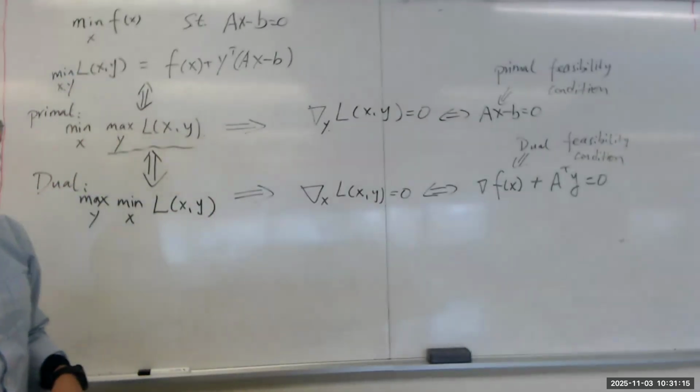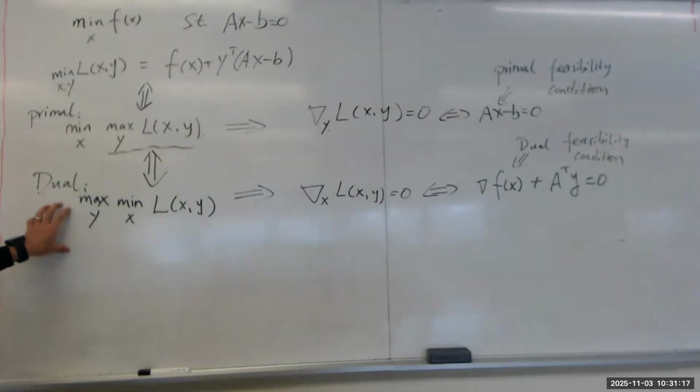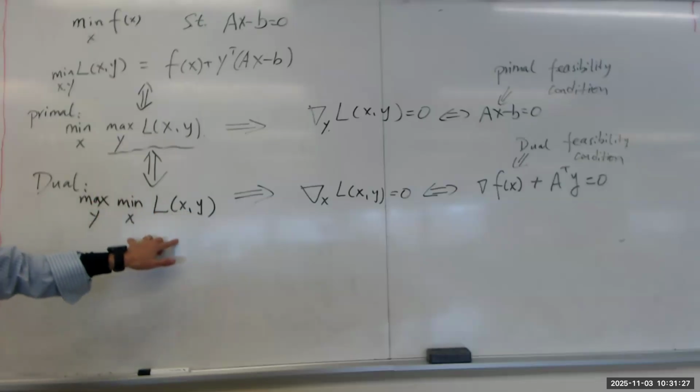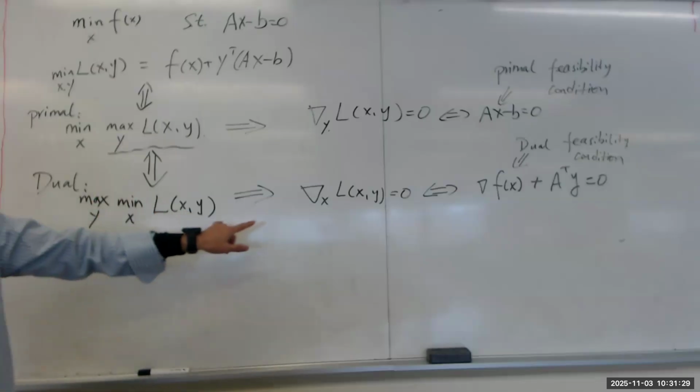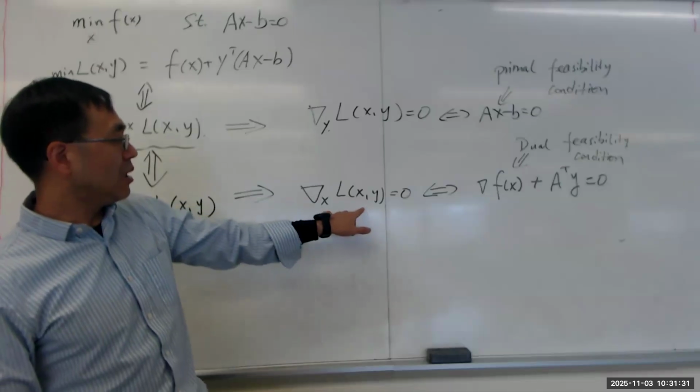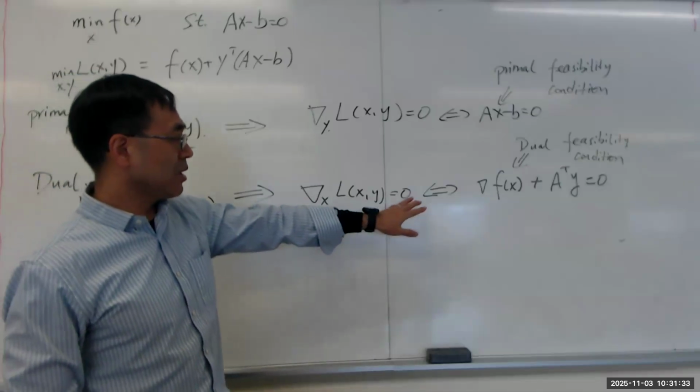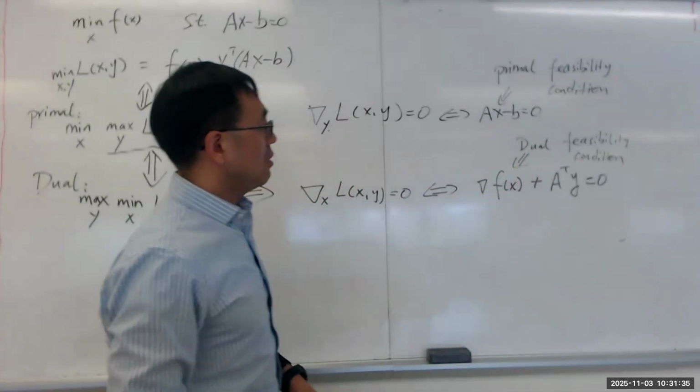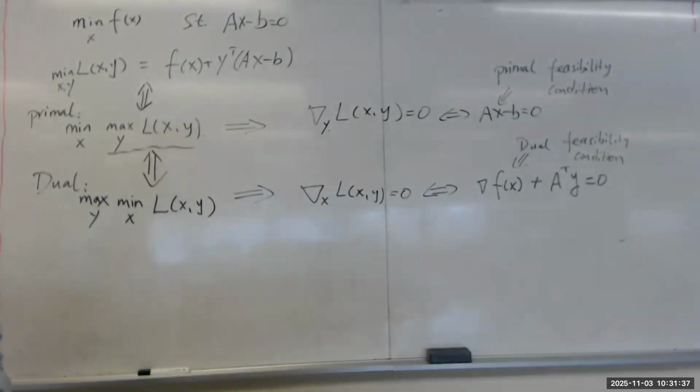That's equivalent to primal feasibility. For the dual problem, in order to do the outer maximization in the second step, we need the minimization to work first. For that, we need the gradient of the Lagrangian with respect to x to equal 0. So this is our dual feasibility condition. So those are the two concepts.